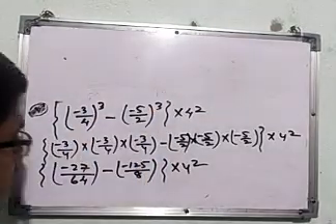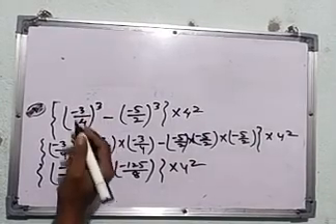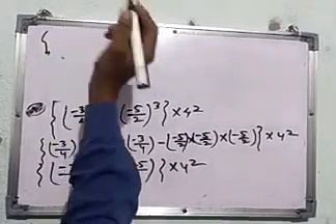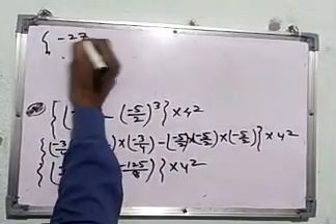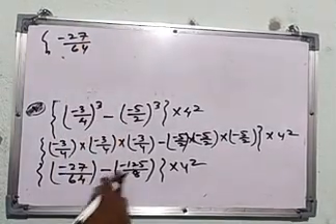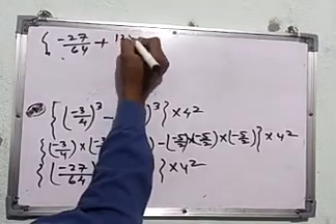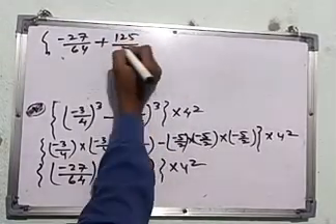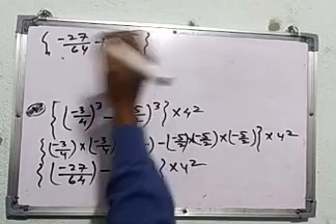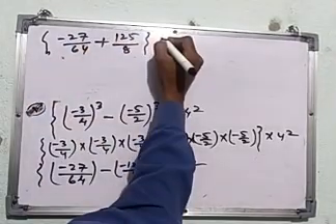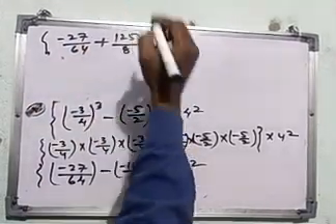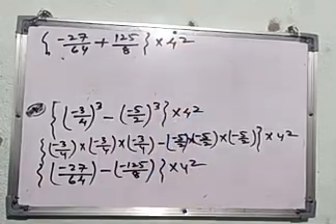Now you take in middle bracket minus 27 by 64 and minus minus plus. So here you write plus 125 by 8 into 4 square.